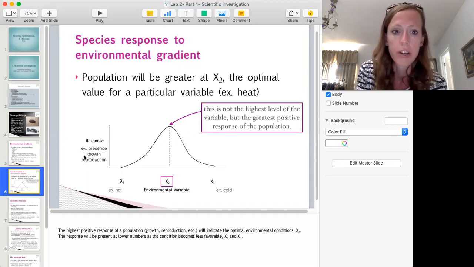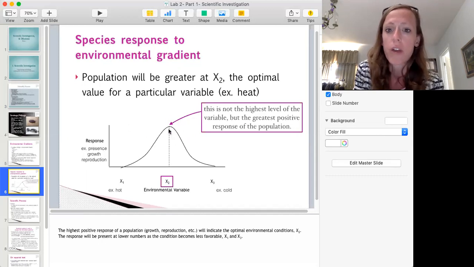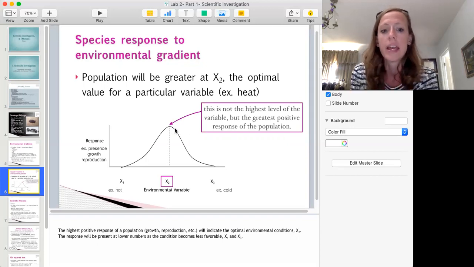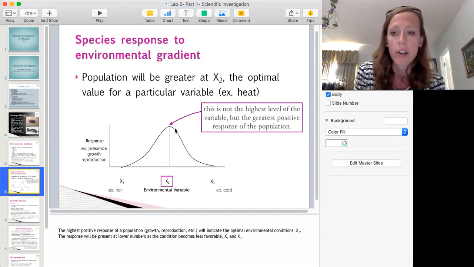just mentioned. And basically what you will see then is that the peak of the curve is indicating the greatest positive response of the population. So whatever it be, if you're measuring their migration, their growth, their reproduction, whatever the variable is, you're having the greatest positive response in the preferred environmental characteristics.